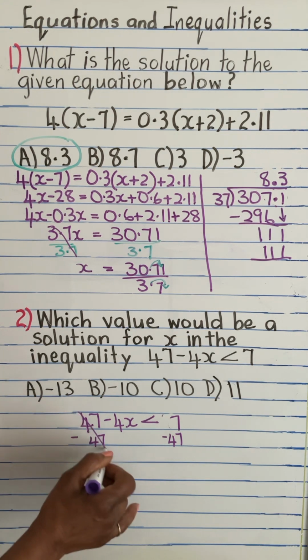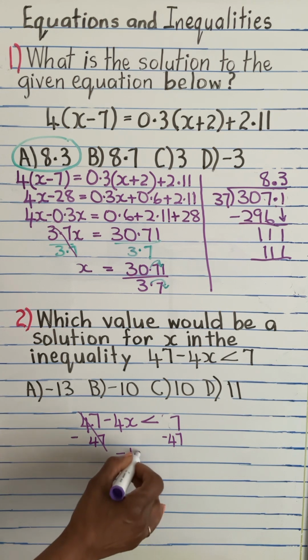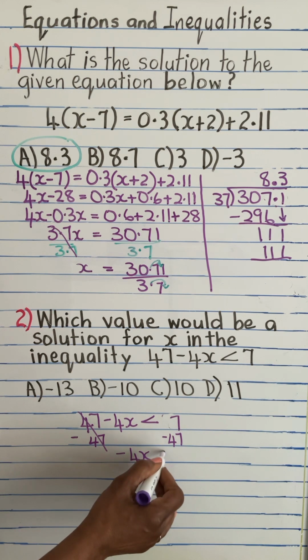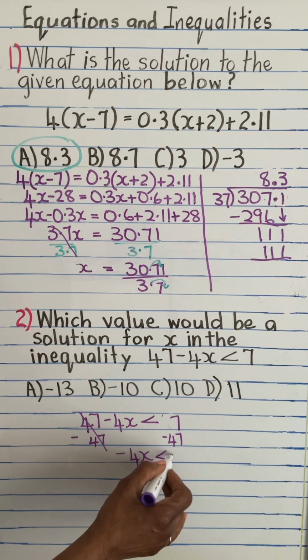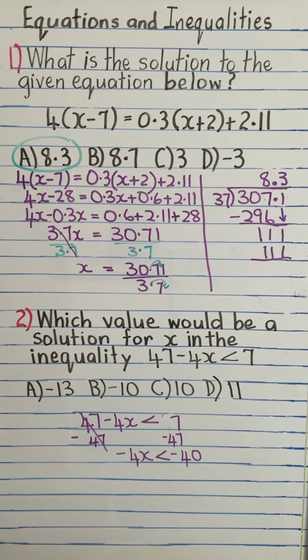And this cancels out, and we're left with negative 4x is less than negative 40. Now we need to have x alone on this side.